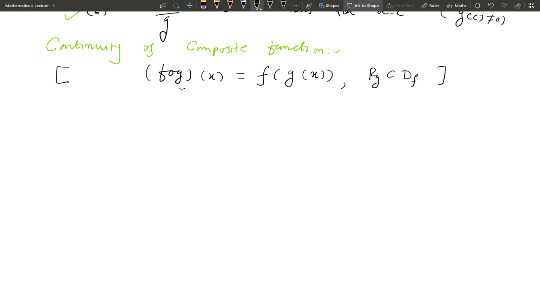Now, suppose we define continuity of composite function.